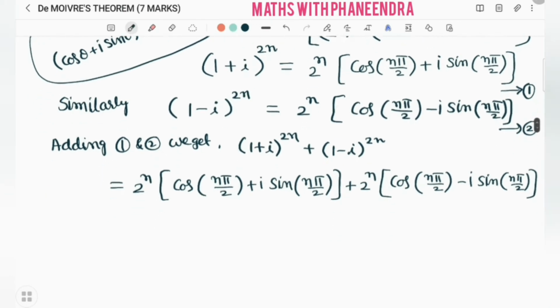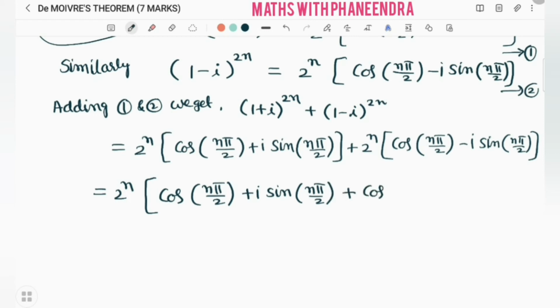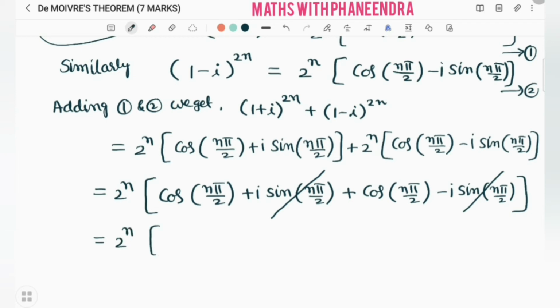So take common 2 power n: cos n pi by 2 plus i sin n pi by 2 plus cos n pi by 2 minus i sin n pi by 2. So plus i sin n pi by 2 and minus i sin n pi by 2 get cancelled. 2 power n into cos n pi by 2 plus cos n pi by 2, that is 2 cos n pi by 2.